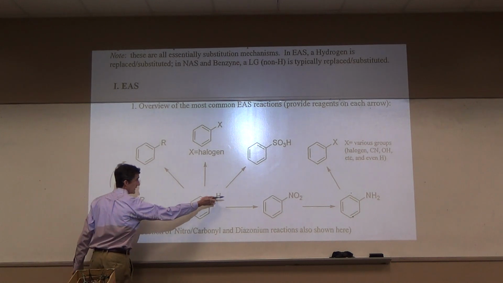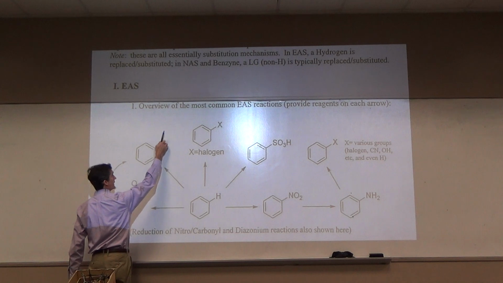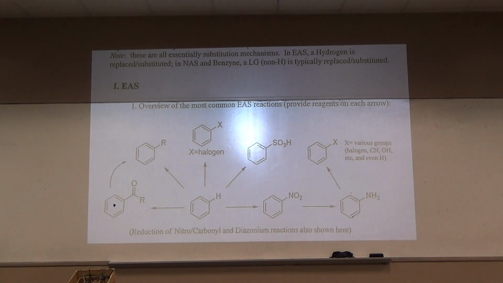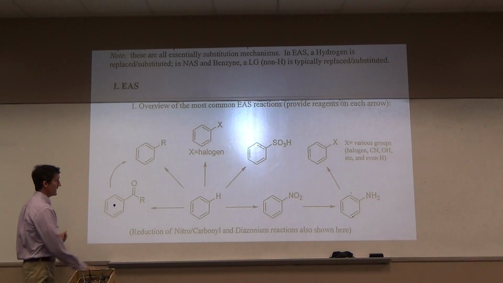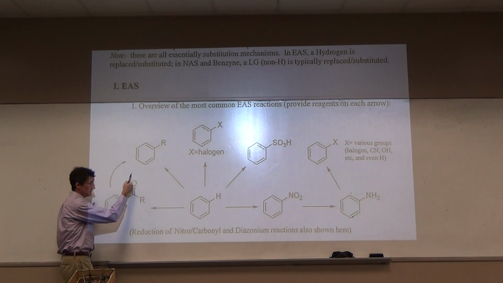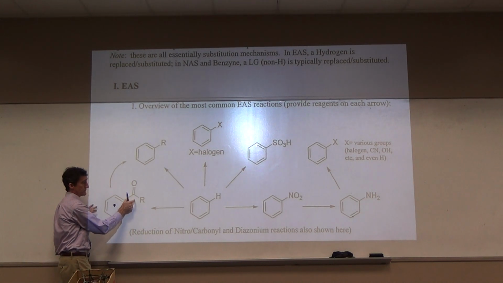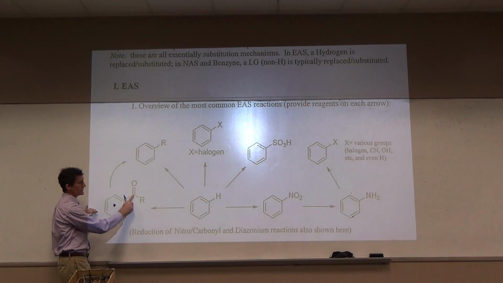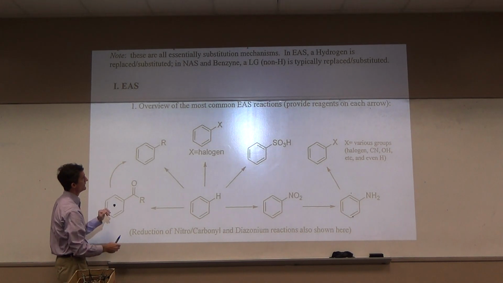You can also do a substitution and put a carbon group on the ring. You can also put a carbonyl. And we'll see that the carbonyl can be reduced. It's almost like you're losing a carbon here. We're not.